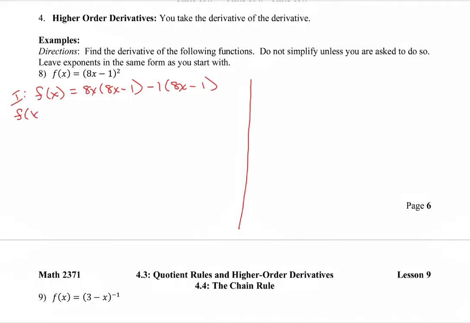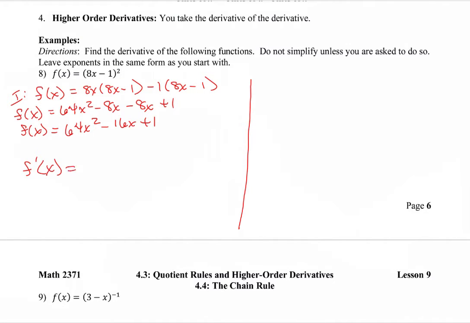So f of x equals 64x squared minus 8x minus 8x plus 1. So f of x equals 64x squared minus 16x plus 1. So then f prime of x equals 128x minus 16. So that's one method.